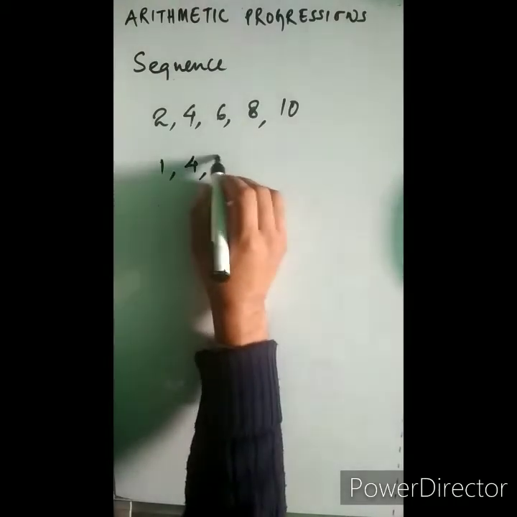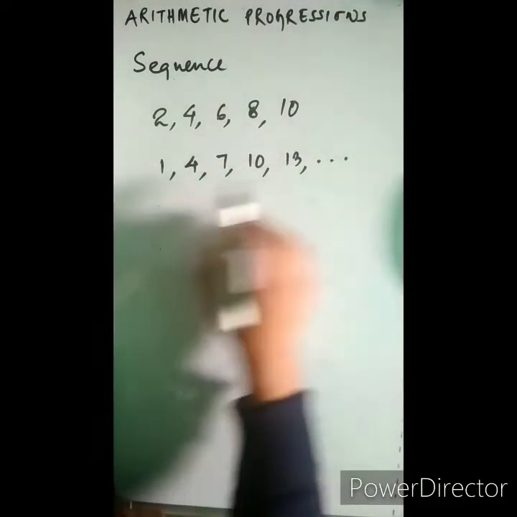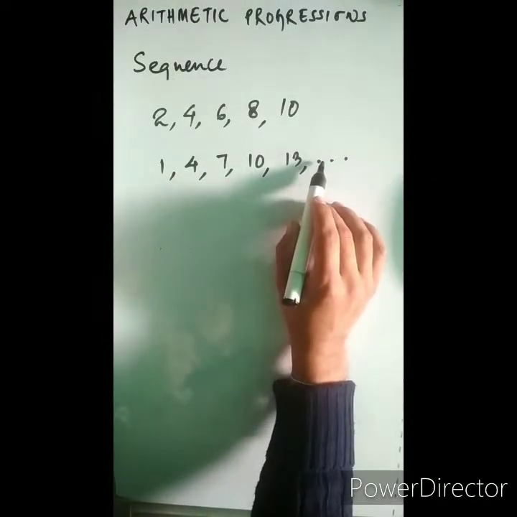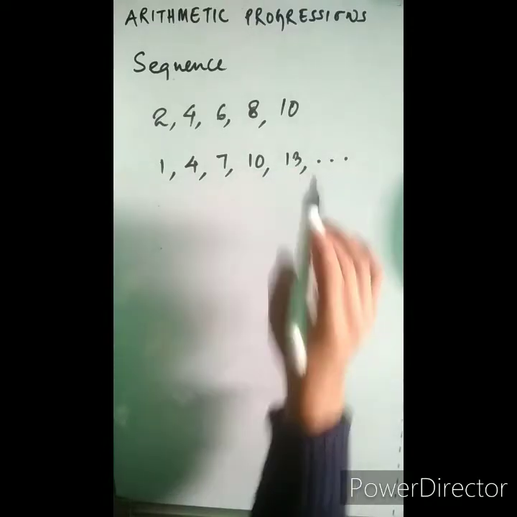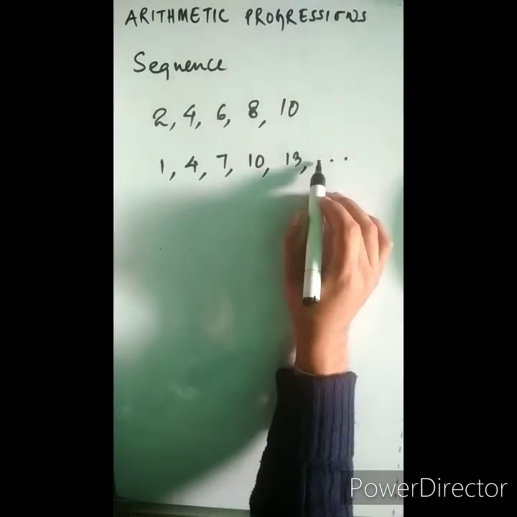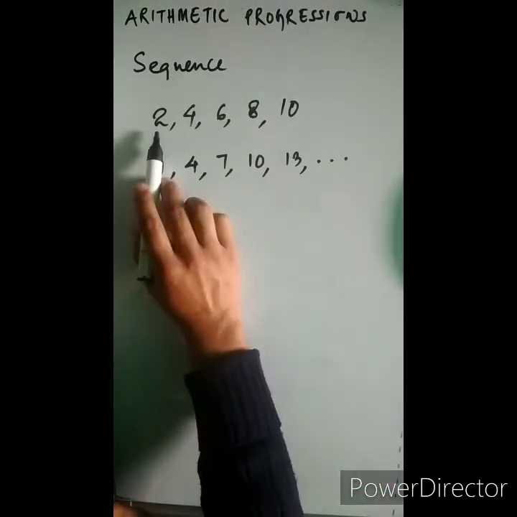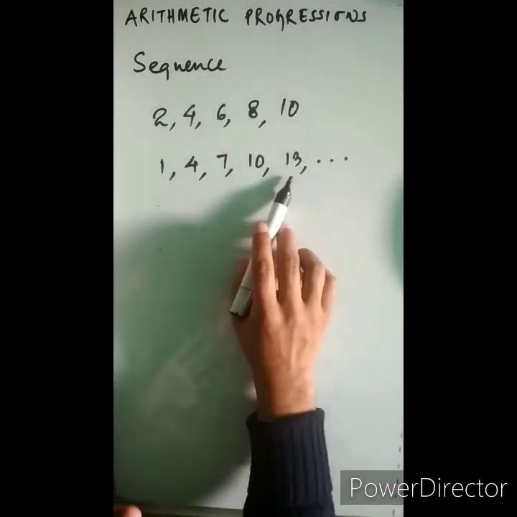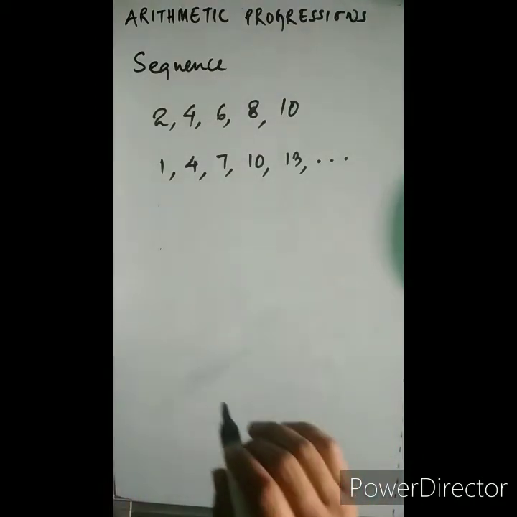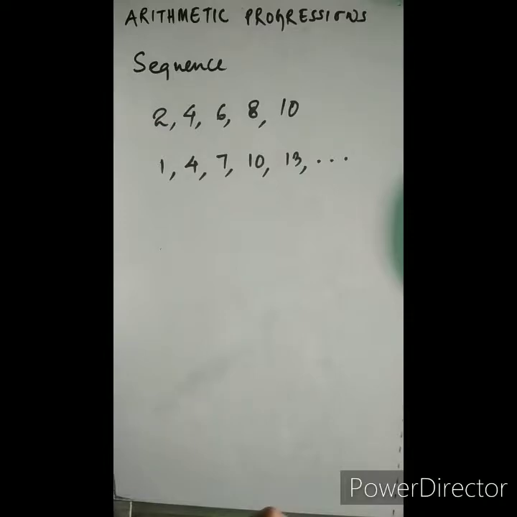So let me write one more sequence. 1, 4, 7, 10, 13, and so on. What do these dots mean? These dots mean that still the numbers continue. That means the second one will have infinite number of terms. Here in the first one we have only 5 terms, but in the second case we have infinite number of terms. So sequences are divided into 2 types on the basis of number of terms present in them.